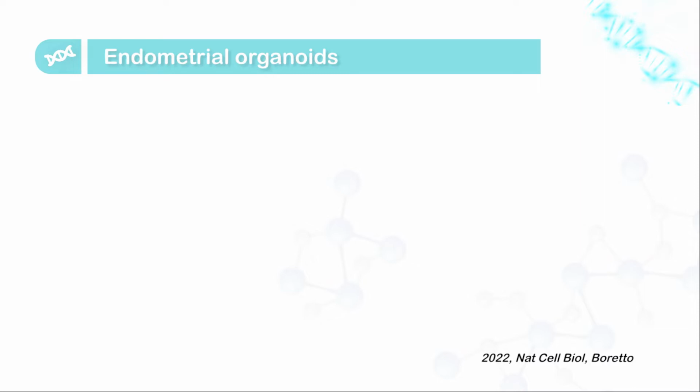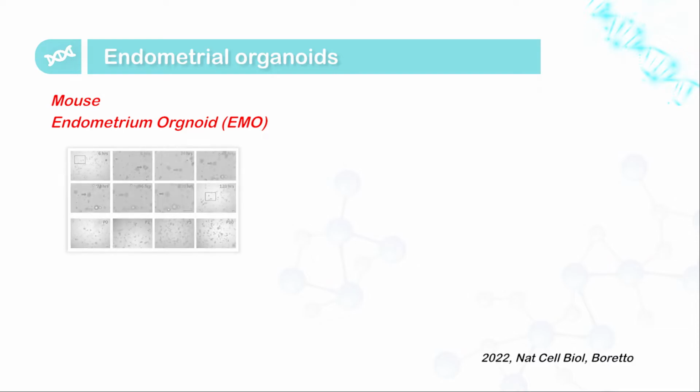So here, have endometrial organoids been established today? And how is the progress and potential of organoid research in the future? For the first question, the answer is yes. Endometrial organoids have been created. This picture shows the development of organoids from mouse endometrium, reproducing the phenotype of the epithelium.